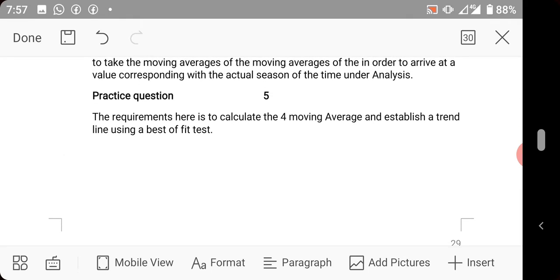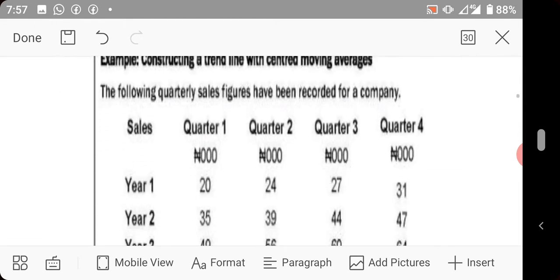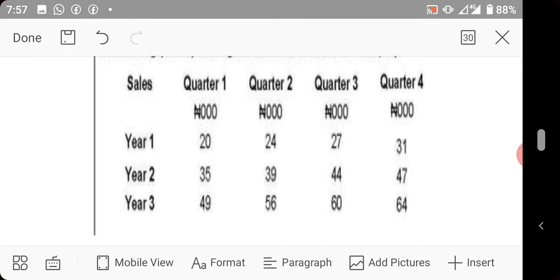The requirement here is to calculate the 4 moving average and establish a trend line using the best of fit test. So you can see we have quarter 1, 2, 3, 4, and we have year 1, year 2, year 3. And each year contains 4 quarters.